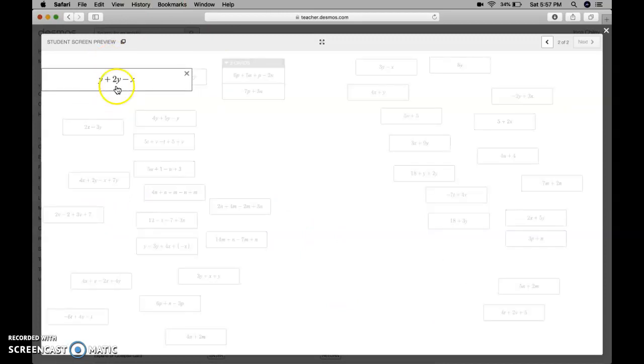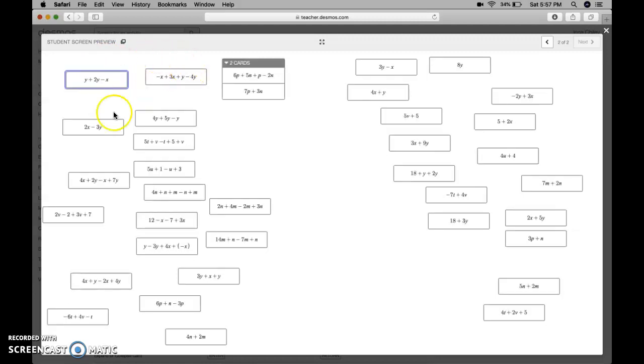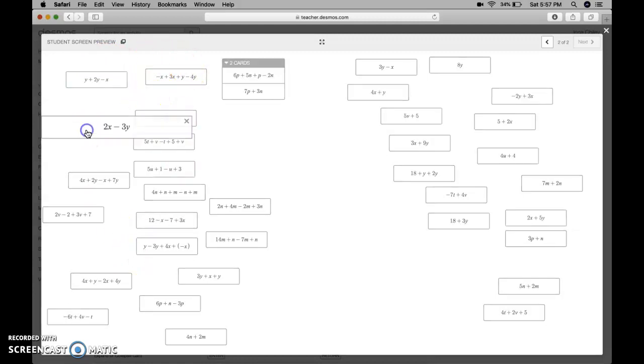For example, this card right here, the terms are y, 2y, and x, and I have like terms. Y and 2y are like terms because they are terms with matching variables. So I know this card is an algebraic expression that is not simplified. This one I'm going to put on this side of the screen.